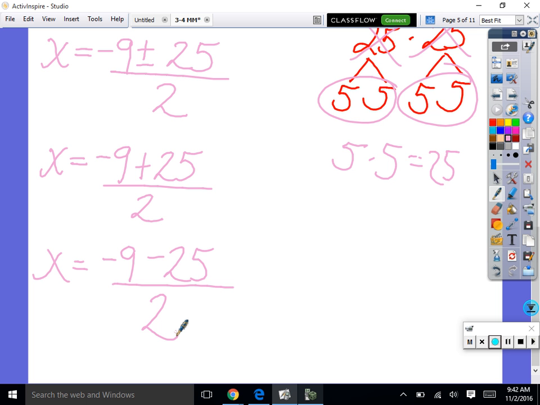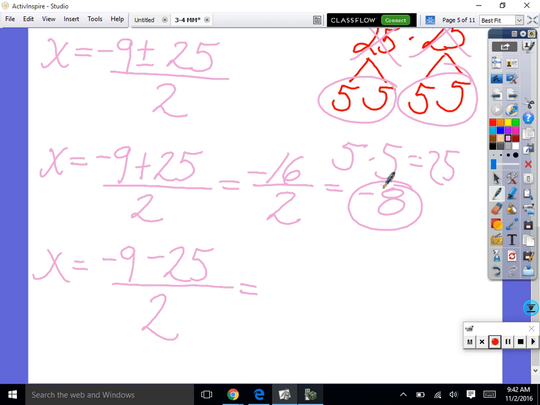Does everybody understand? So then you would look and say, can I add that top thing together? Negative 9 plus 25. Yeah, we can add those together. What is on top? Negative 16, right? So really this one is negative 16 over 2. What's negative 16 divided by 2? Negative 8. So there's one of our solutions.